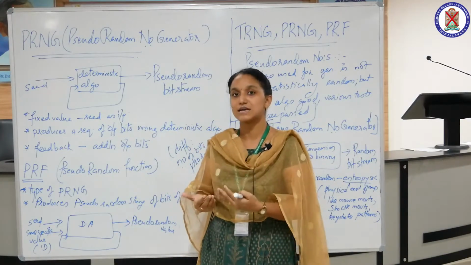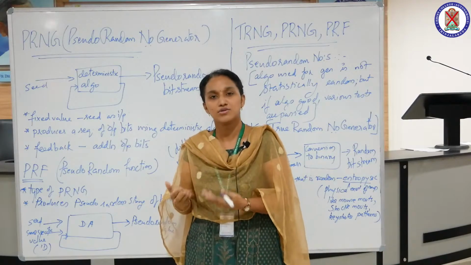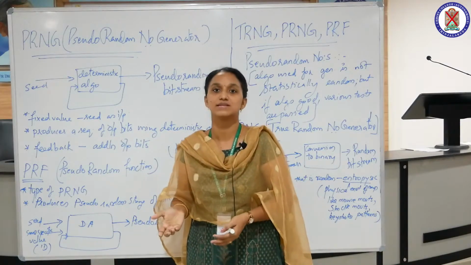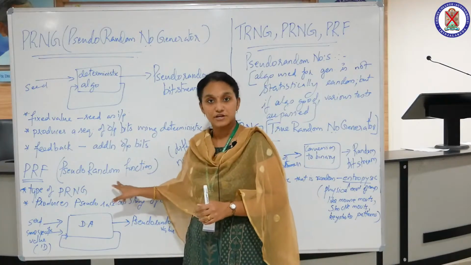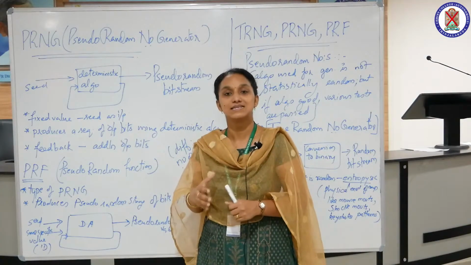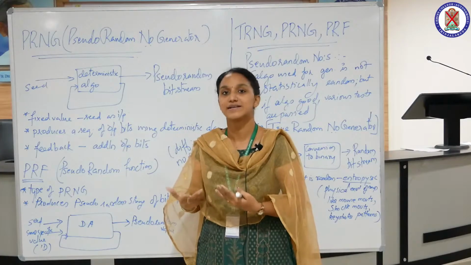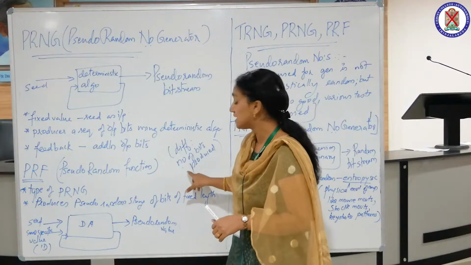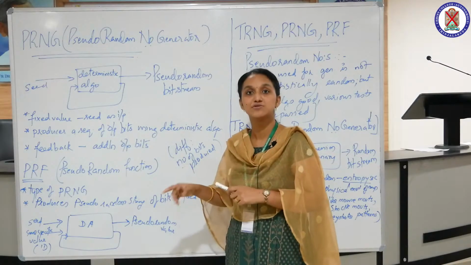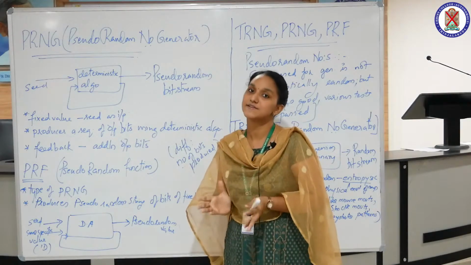The next type is very similar, or you can call it a type of PRNG itself, that is PRF, the pseudo random function. The main difference is that the number of bits produced at the output end differs.